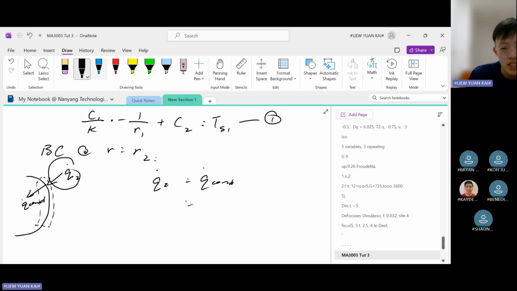Using Fourier's law, we can change Q conduction into negative k dT/dr. But this occurs at r equal to R2, so you must put r equal to R2, because it occurs at R2.